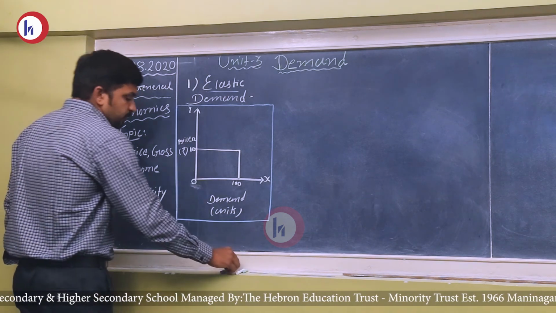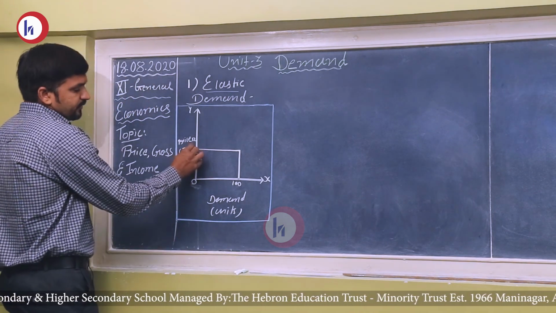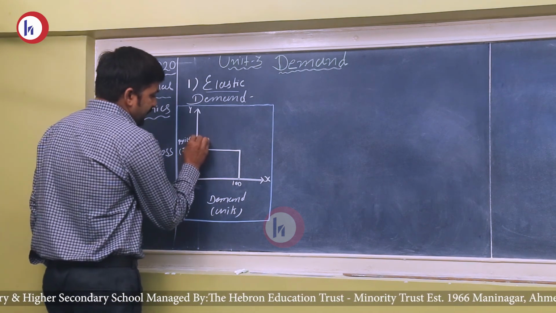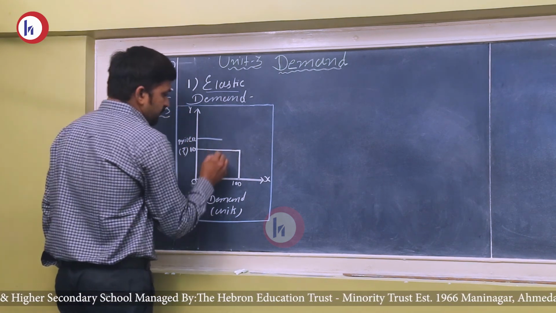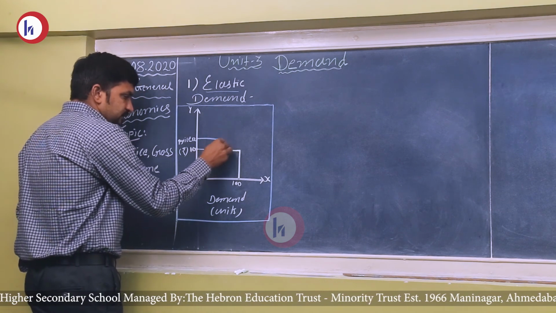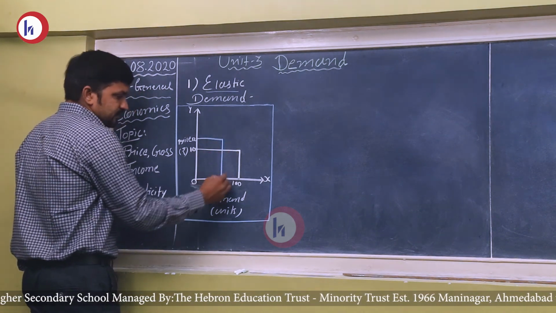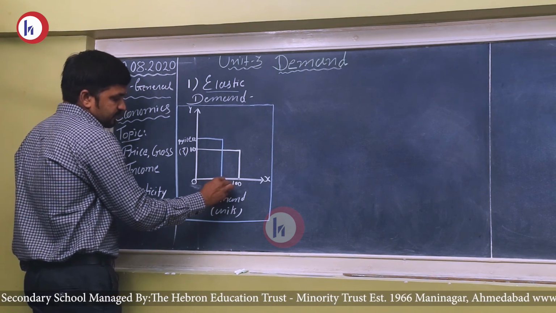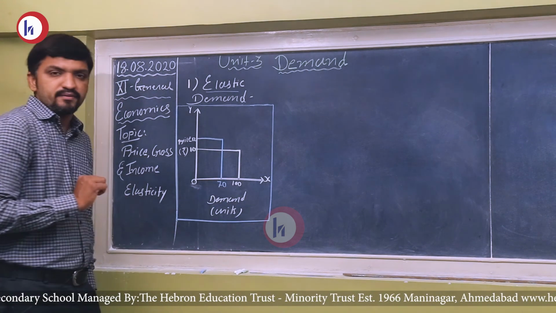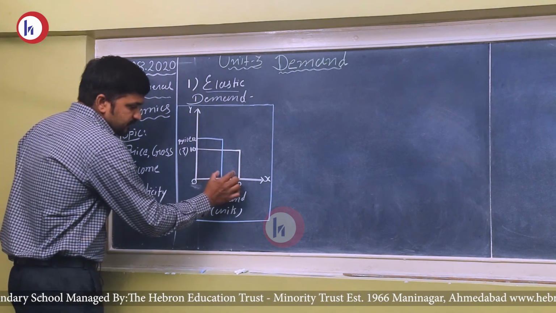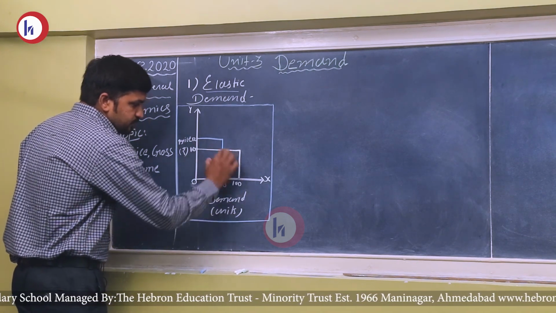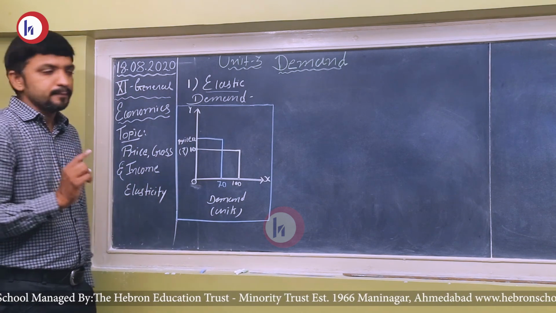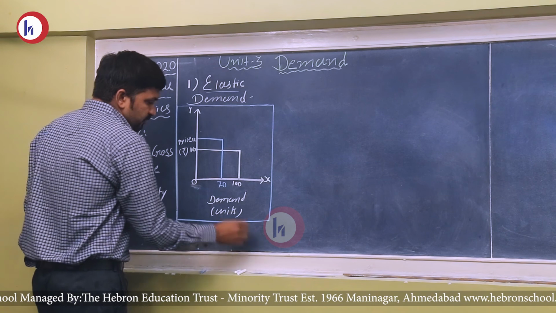Now, suppose the price of the commodity rises by 20%, and if the demand of a commodity reduces by 30%, that is, it becomes 70, it means the percentage change in demand of the commodity is more than the percentage change in price of the commodity.